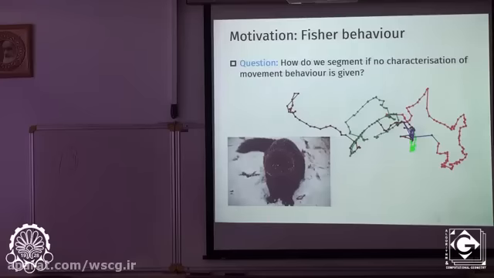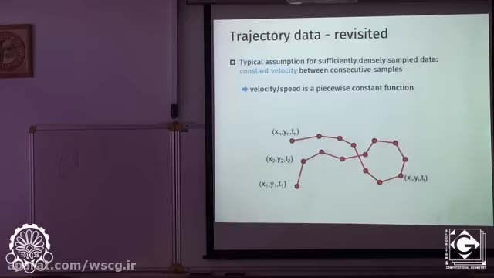And that is a setting where we now want to still do a meaningful segmentation. So this was the model that we essentially always use if we talk about trajectories. We have the data points, and we just assume linear motion in between.